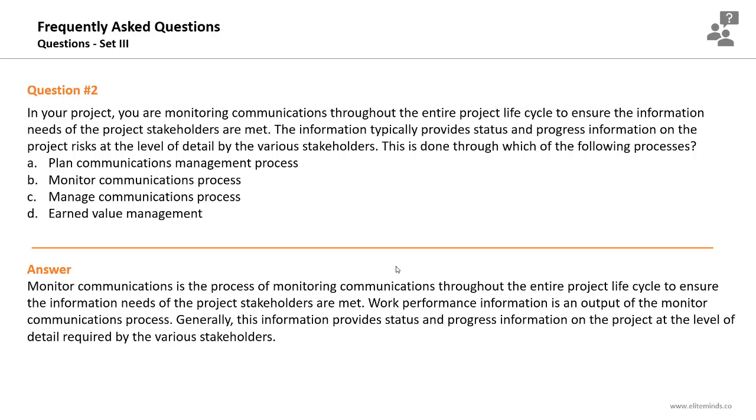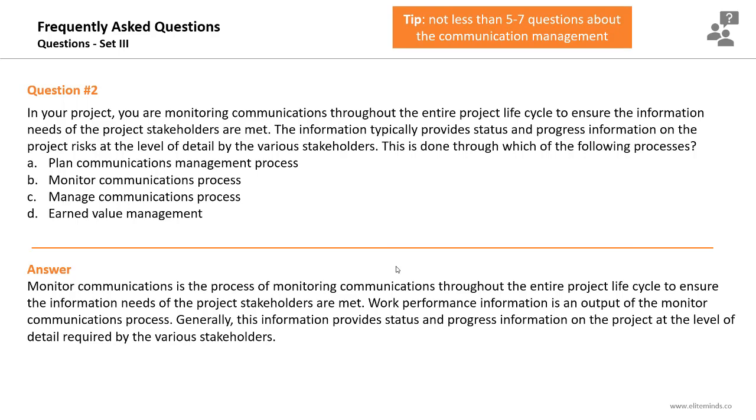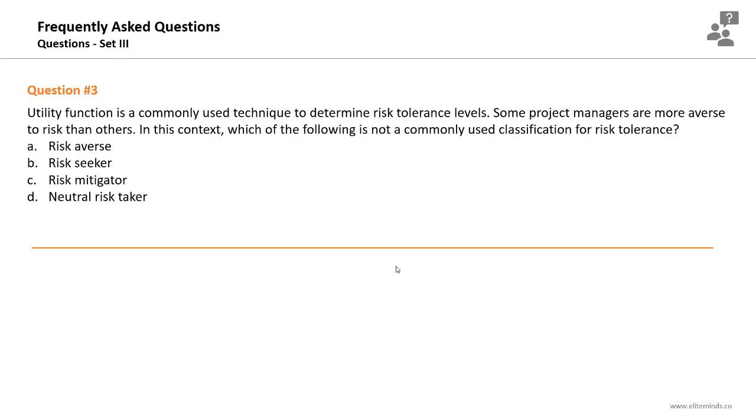Work performance information is an output of this process. Generally, this information provides status and progress information on the project at the level of detail required by various stakeholders as per the communication management plan and the stakeholder engagement plan. There will be 5 to 7 questions in the exam about the communication management knowledge area.